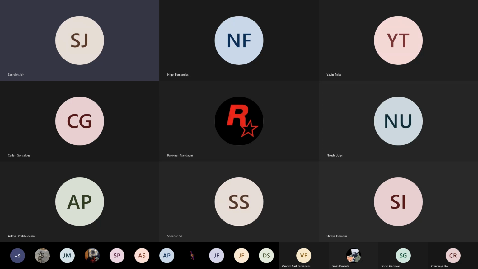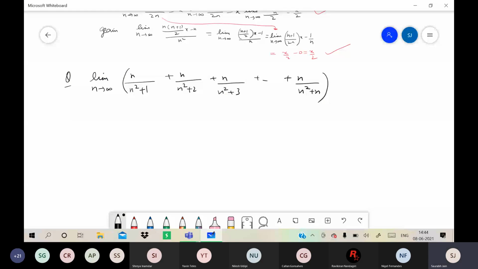See, we fix one denominator at a time. We have to create this inequality, less than and greater than.